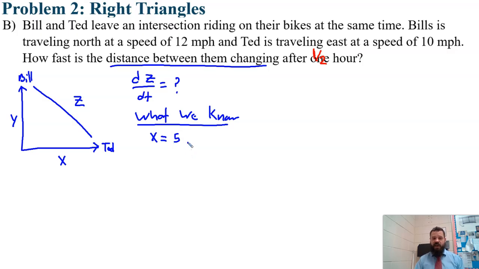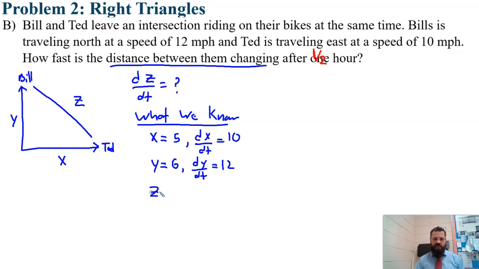So x is 5, and dx over dt, the change in x, is the 10. Notice that is a positive 10 because this distance is getting bigger as we go. The same thing with the y. If we're going 12 miles per hour for half an hour, that'd be a distance of 6 here, with dy over dt equal to the 12. Again, since that distance is growing, that'll be positive as well.